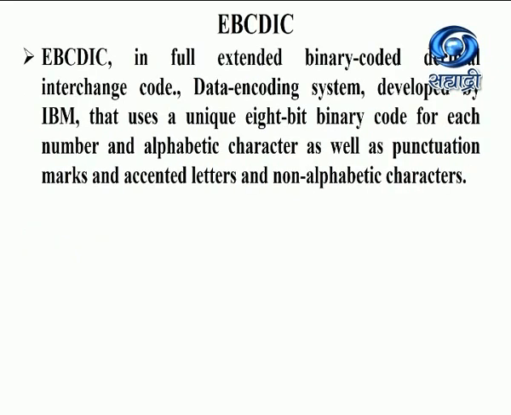EBCDIC in full is extended binary coded decimal interchange code, a data encoding system developed by IBM that uses a unique 8-bit binary code for each number and alphabetic character as well as punctuation marks and accented letters and non-alphabetic characters.